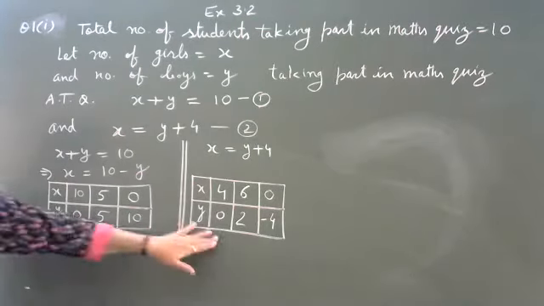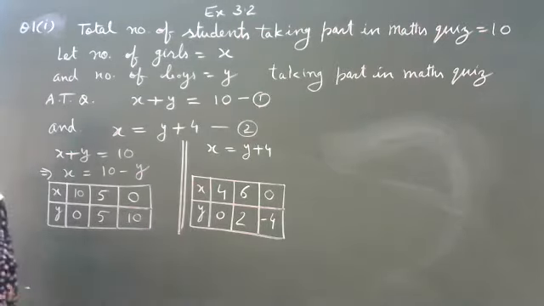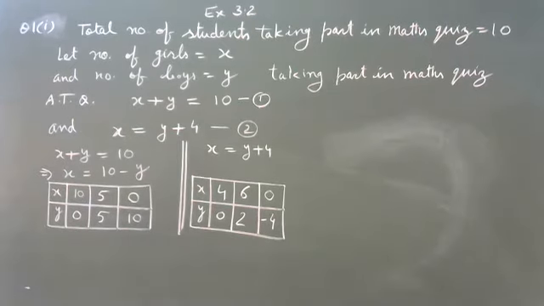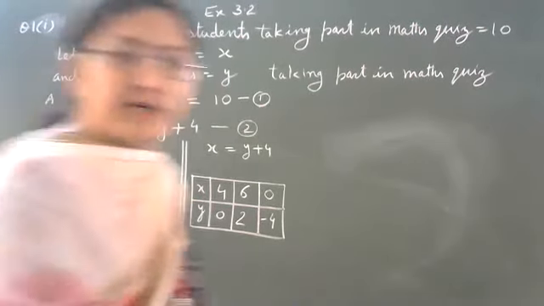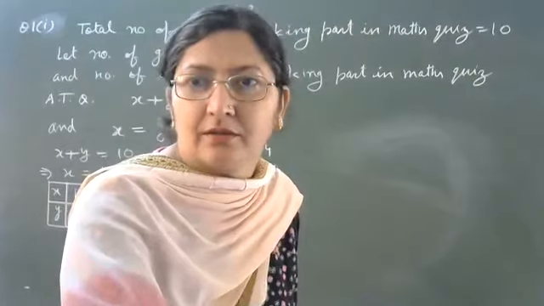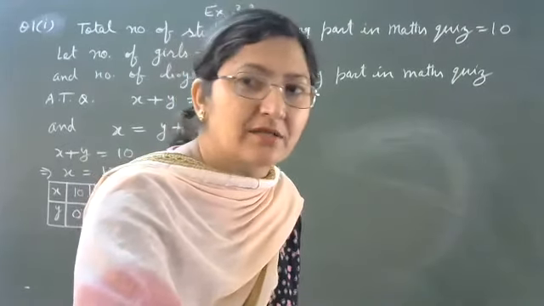Now we have to plot these values on the graph paper. If any doubt is there, you can raise your hand. If it is not clear to anyone, you can ask.